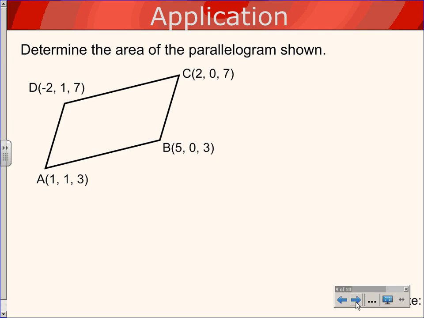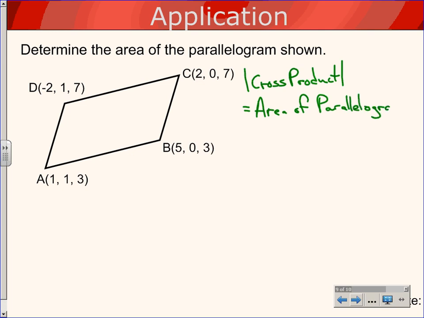But something that we know is that the magnitude of the cross product, we were defining this, right? The magnitude of the cross product was equal to the area of the parallelogram. So this is the way that we can use the cross product for a geometry question, for an area question.